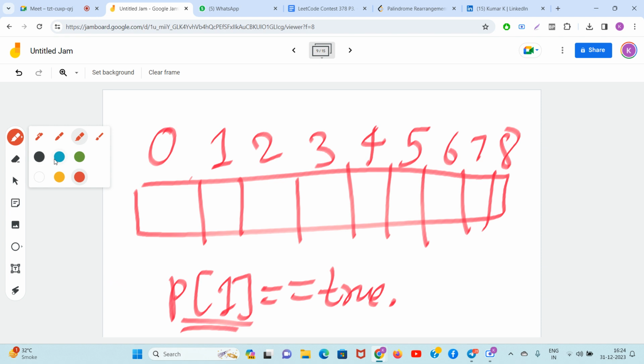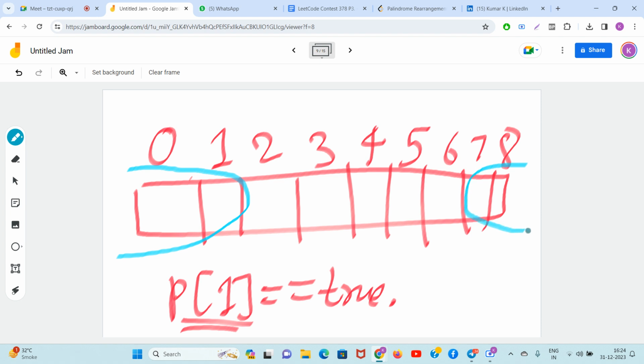If p of 1 is true, it means these first two characters are equal to these last two characters in a palindromic manner. Means this one is equal to this one and this one is equal to this one. So if p of 1 is true, it means you can proudly say that yeah, the first two elements are equivalent to the last two elements.